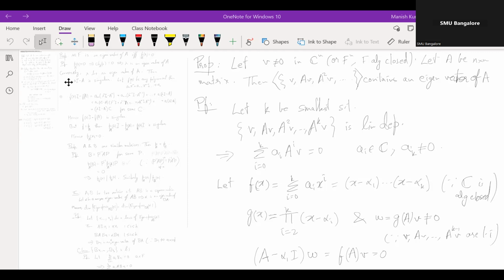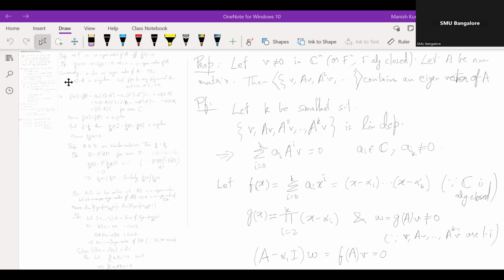Av is dependent on v means v is already an eigenvector. If not, then you take A square v. If v and Av are linearly independent, then you take A square v. If A square v is dependent on v and Av, then you stop at A square v. So in the first case you take v and Av, in the second case you take up to A square v, and so on.